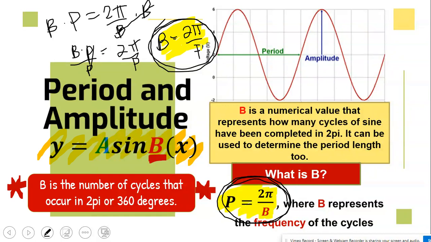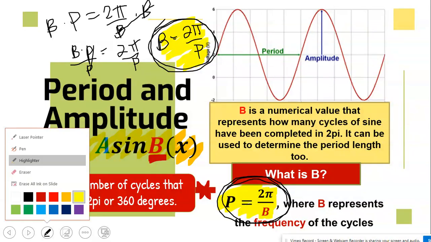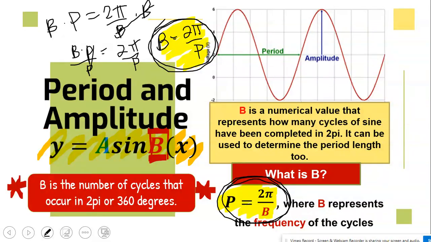Depending on what you're looking for, you can use either equation. If you want to verify the period, we can plug in the number of cycles that are completed in 2 pi into an equation. Or vice versa, if the period is given to us, we can determine the value of B, which goes into our equation. For this equation, B is right here.